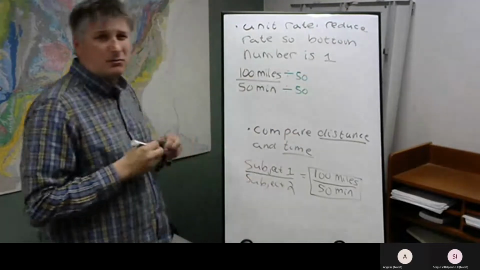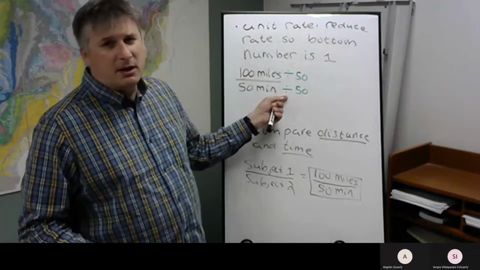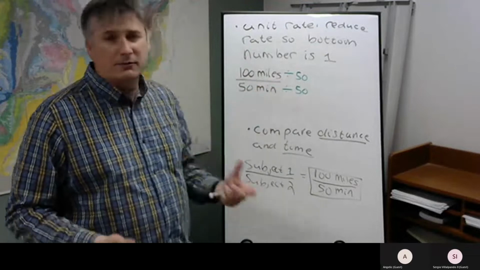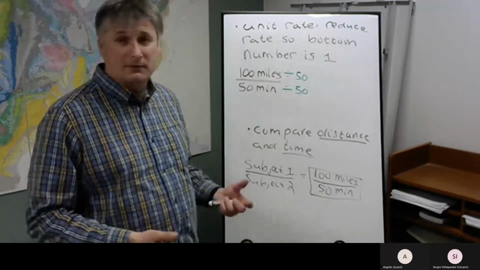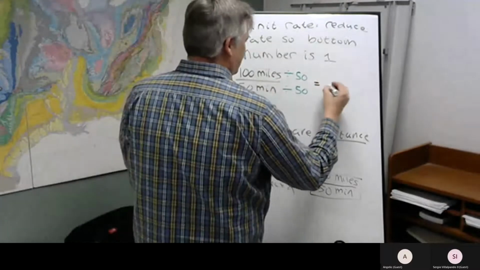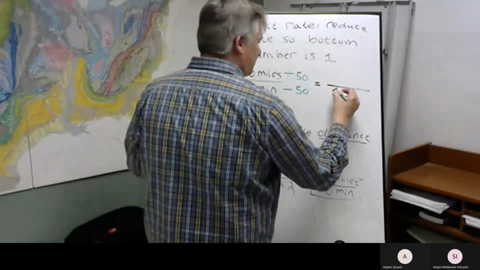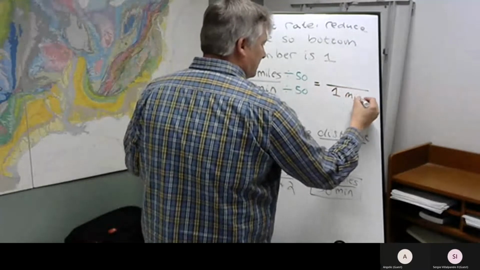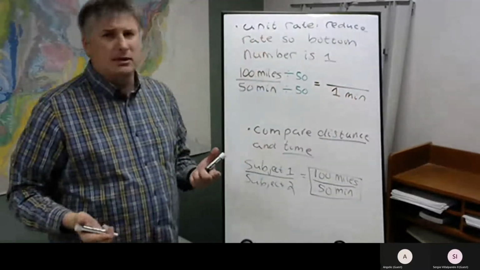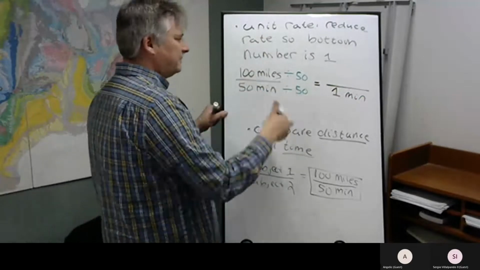We're still going to follow the rules with fractions. When we multiply or divide on the bottom, we're going to multiply or divide by the same amount on top. So 50 divided by 50 is 1. And we haven't done anything to the minutes, so we're just going to leave it there. 100 divided by 50 is 2.